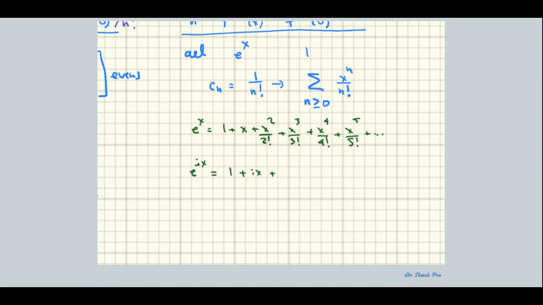What's i squared, guys? What's the definition of i? Yeah, -1. So it's i squared x squared over 2 factorial, and that should begin to look kind of familiar, right? Plus i cubed x cubed over 3 factorial.